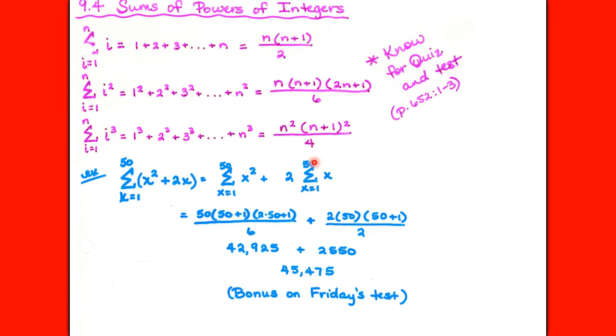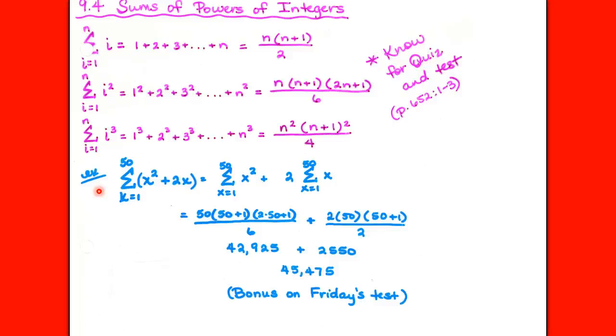The power of those 3 formulas is that they enable me to solve a problem like we see down here. Now, there is nothing like this example in your textbook, but this is why we want to pick up these 3 summation formulas. This is how we would use them next year. And so this is going to be your bonus on next Friday's test.